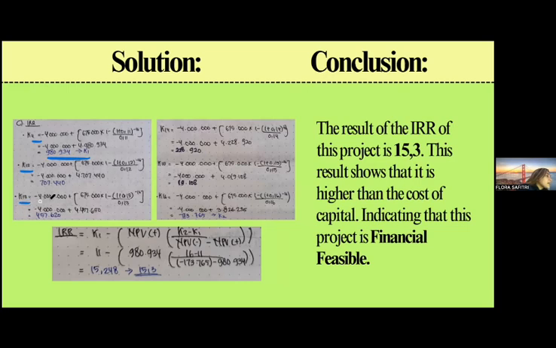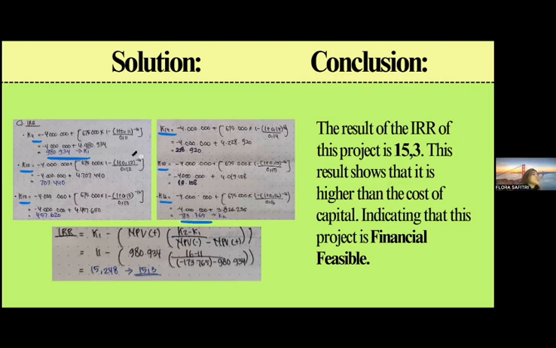For K13, we get 457,620,000. For K14, the result is 228,920,000. For K15, the result is 90,108. And for the last, K16, we get minus 173,765.